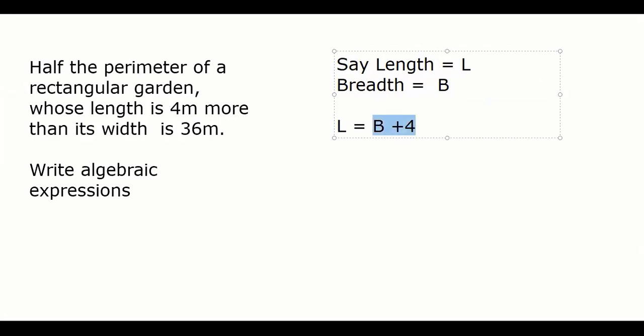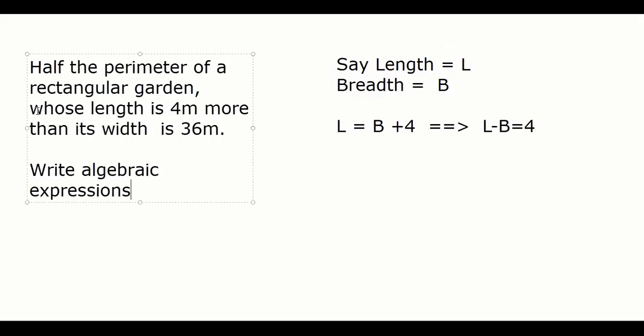Correct? No, Asta. Forget this 36. It says whose length is 4 meters more than its width. इतना सा statement देखो यहीं तक बस. Asta, just look up to this only.